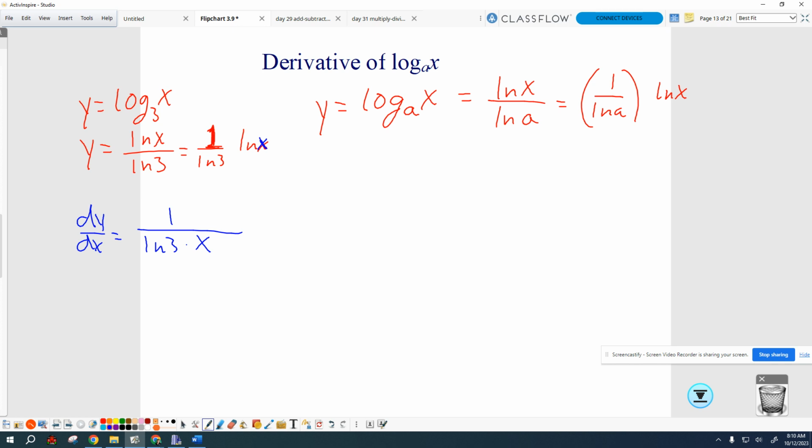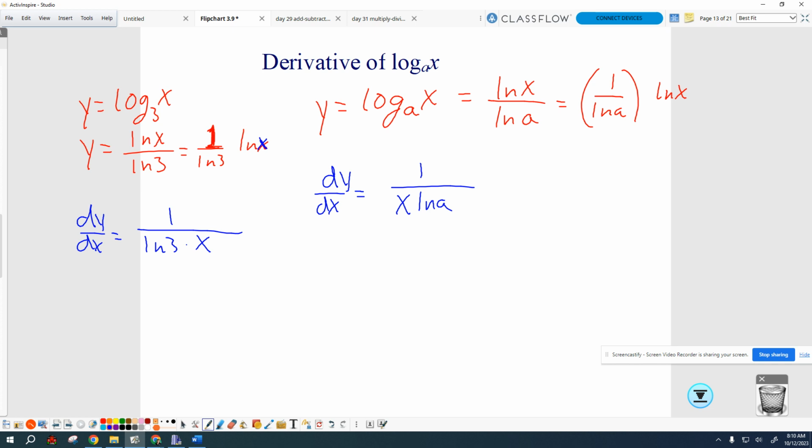So the derivative pattern in general is 1 over x times natural log of whatever that base was. So I don't memorize this pattern. I do change of base and then I do the derivative of ln.